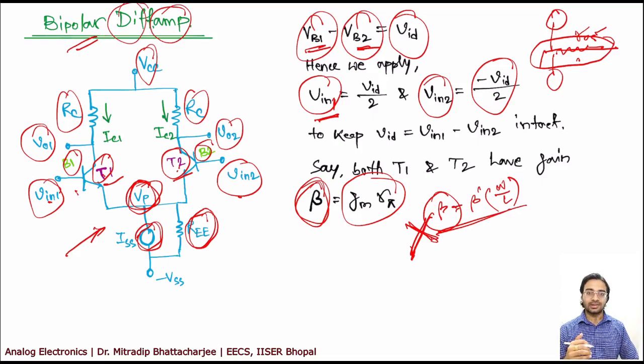Maybe after some time I will discuss feedback. Before feedback I just want to give you one understanding of a BJT based circuit. In feedback you will find beta is again the feedback factor, or somebody says feedback constant, whatever. So I am using this beta value as different parameters in different topics. Please keep this in mind.